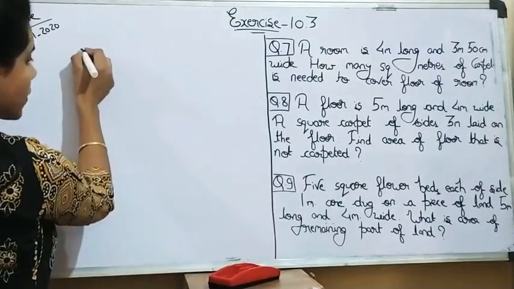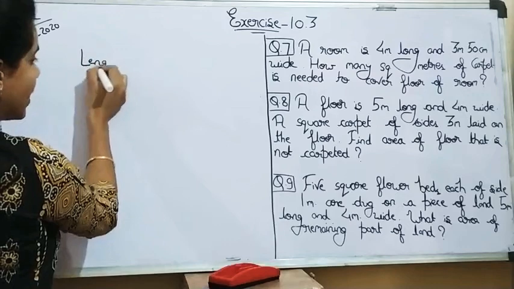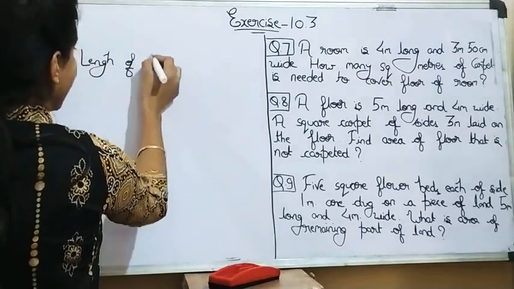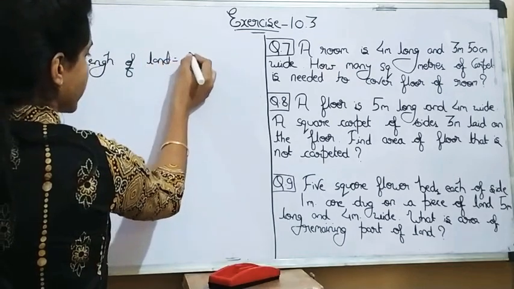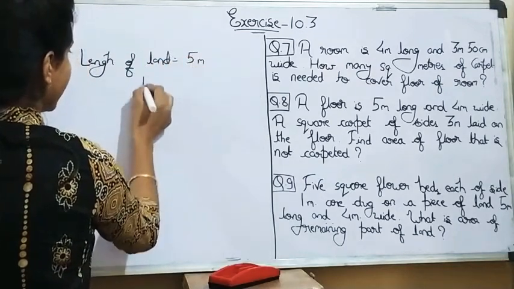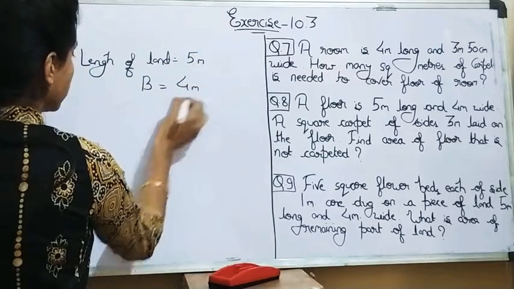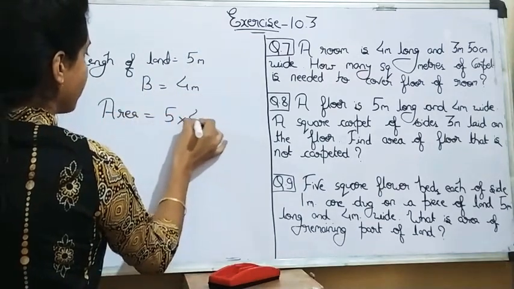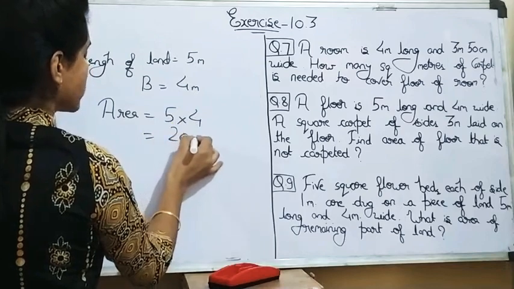Length of land equals 5 meter, breadth equals 4 meter. So area will be 5 multiplied by 4, 20 meters square.